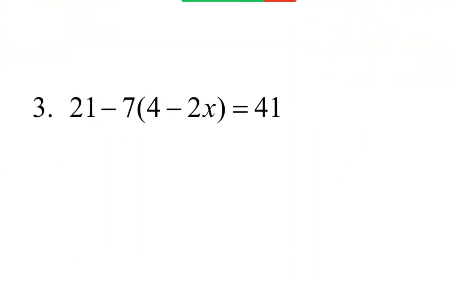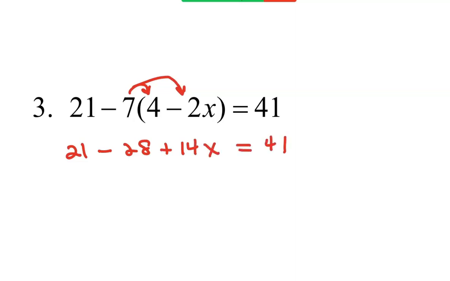Okay, same thing here. We're going to distribute. This has to go here and here. Watch your operation. 21 minus 28, minus a minus is going to be plus 14x equals 41. Okay, combine these guys. That's negative 7 plus 14x equals 41.